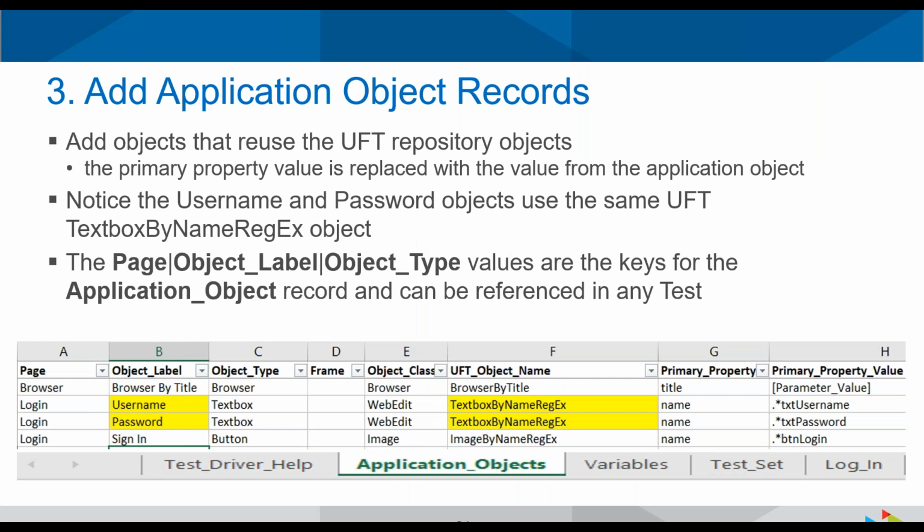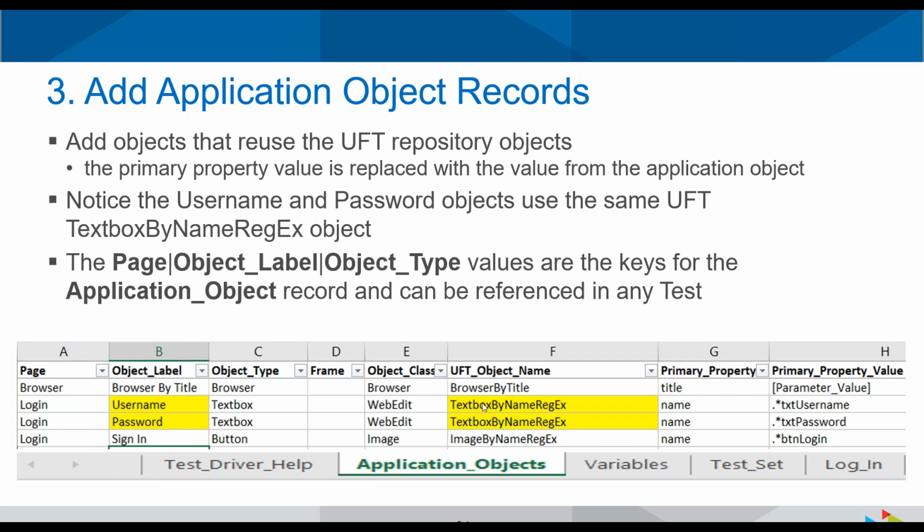So then we can build our application objects, and we use this same repository object for both the username and password. And as we go through the application, we should find more text boxes that reuse the same UFT repository object.